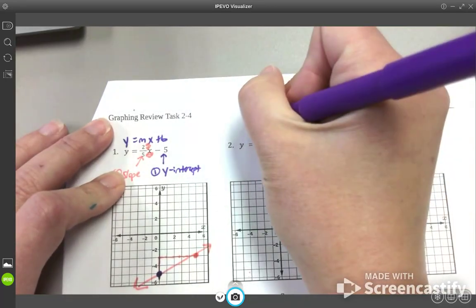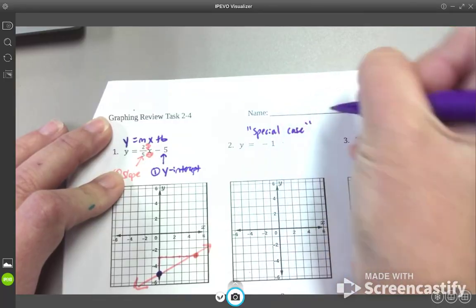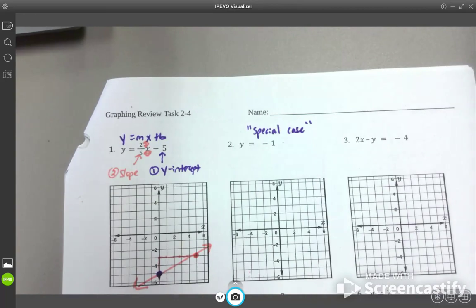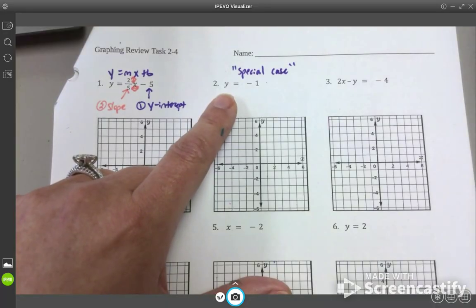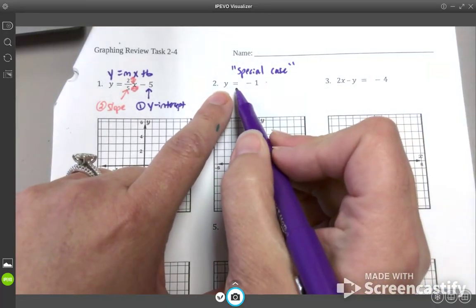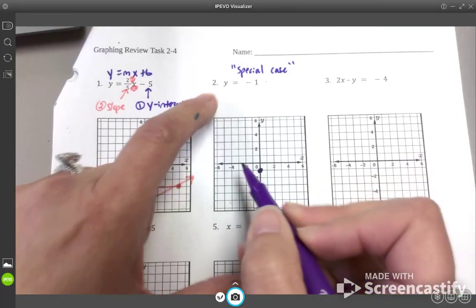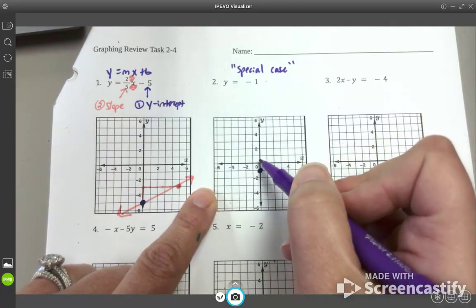Number 2, I would call this one of the special case lines because what's it missing? An x. So if I just have a y, it has to be one of those special case lines. So quick sketching at this point, since you guys are done with Unit 3, should be I'm on the y-axis at -1, and then you're thinking, am I drawing a horizontal line through that point or vertical?